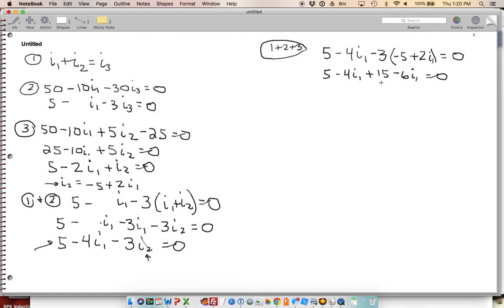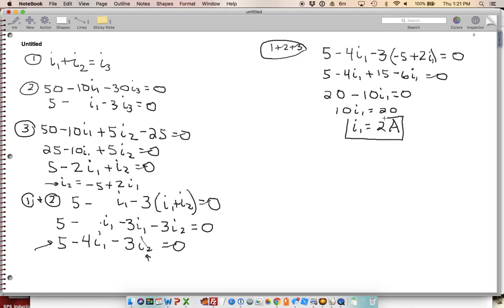So now 5 plus 15 is 20, and minus 4 minus 6 is minus 10I1, equals 0. Right, so I'm going to have 10I1 equals 20. And when I divide by 10, I1 is equal to 2 amps. Great. So there we go.